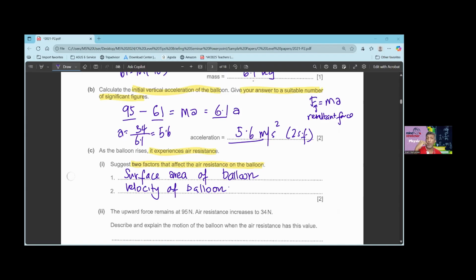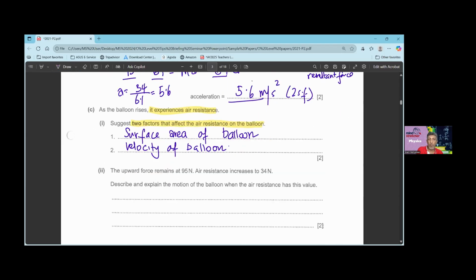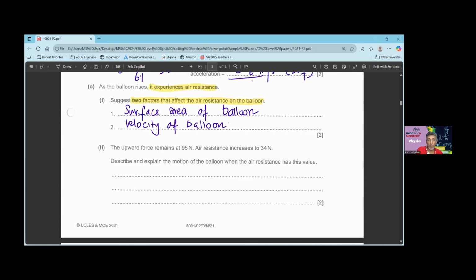The velocity of the balloon and the surface area. But in reality, yes, the aerodynamic shape does affect air resistance, so you are right in that sense. The velocity or speed of the balloon, you can put speed of balloon. So we just take it as it's moving upwards.